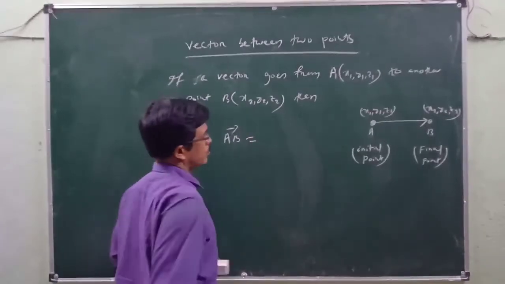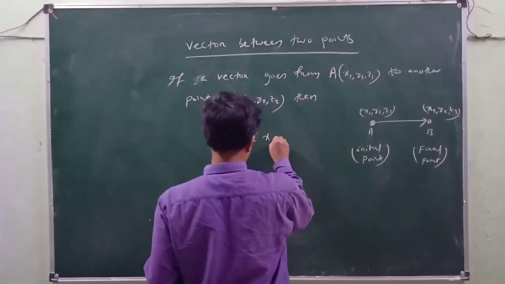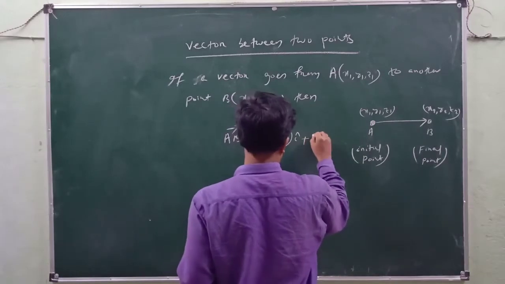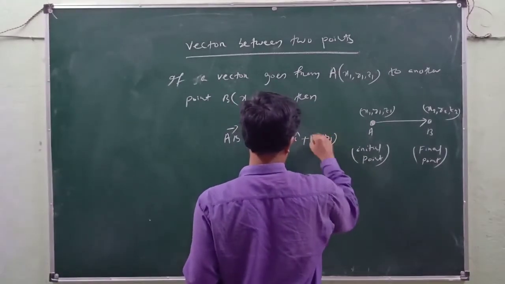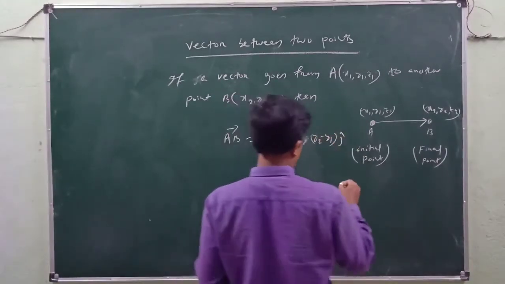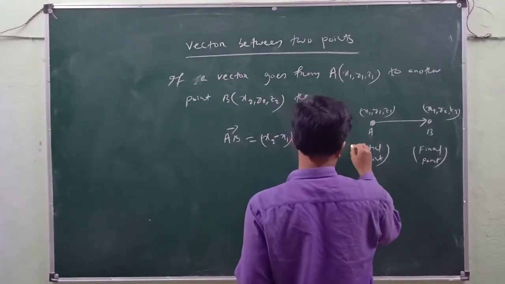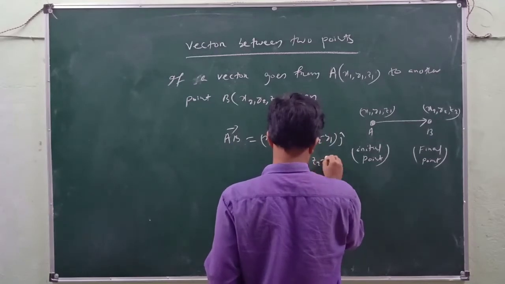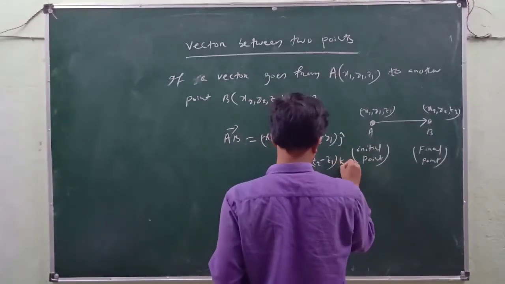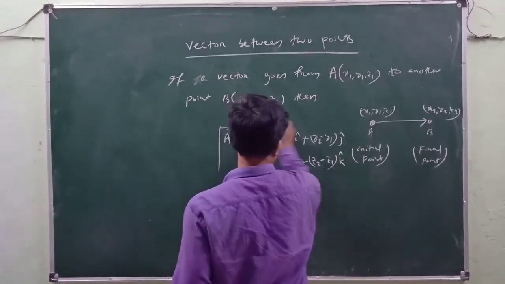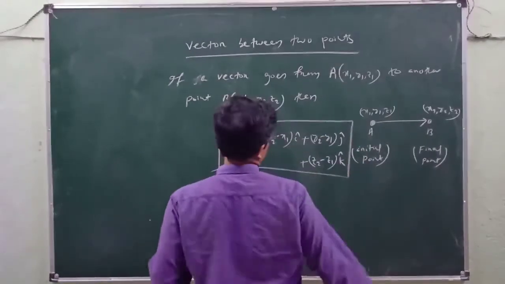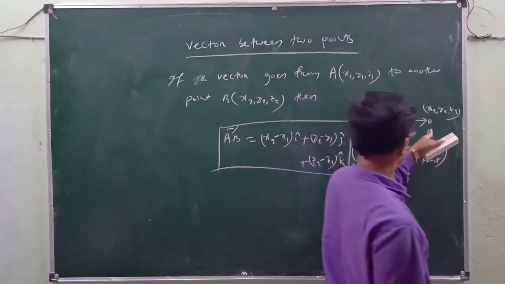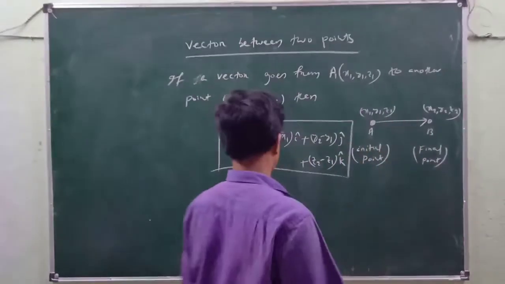Then it will be x2 minus x1 I cap plus y2 minus y1 j cap, then write plus z2 minus z1 k cap. This will be AB vector, where A is the initial point and B is the final point.